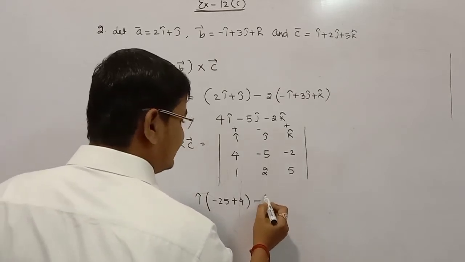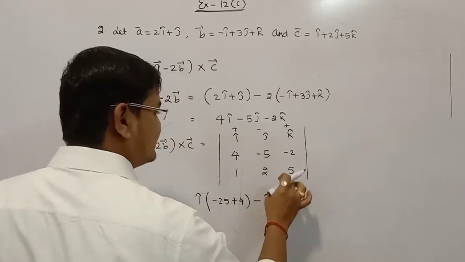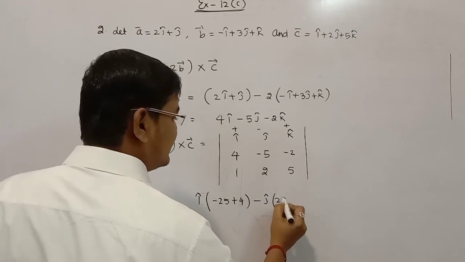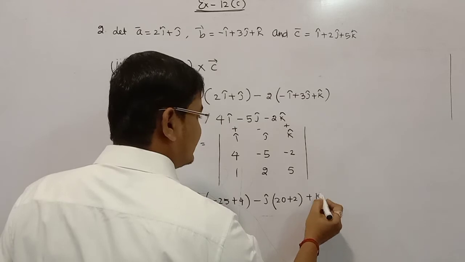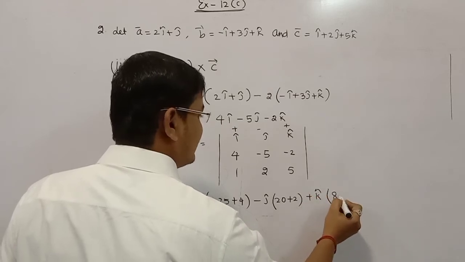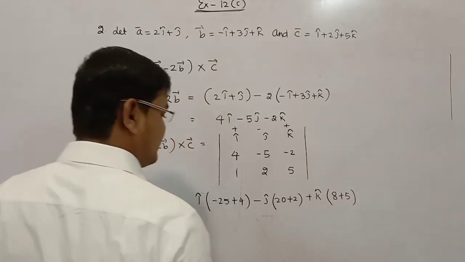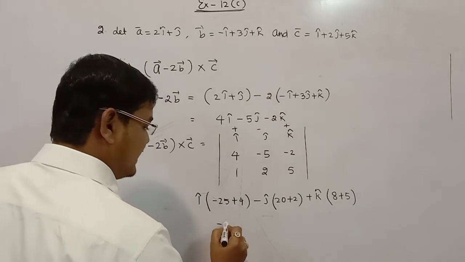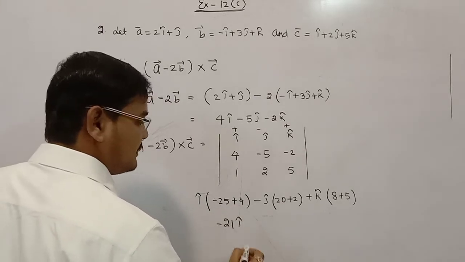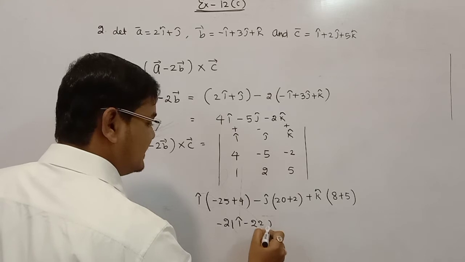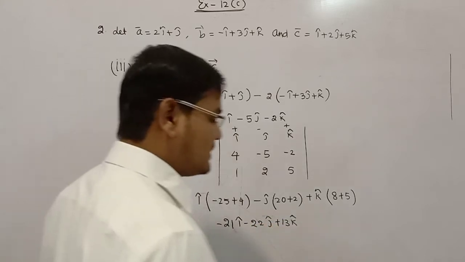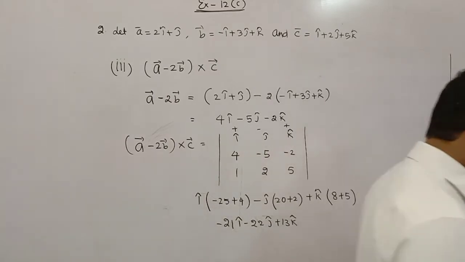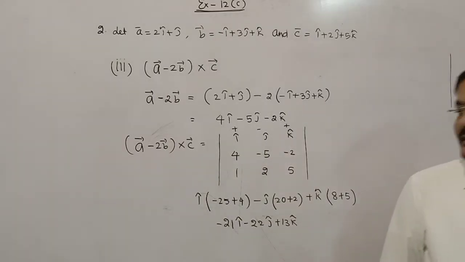Next minus j cap into, 4 fives are 20 plus 2. And the final one, k cap into 8 minus means plus 3 plus 5. So this is minus 21 i cap minus 22 j cap plus 13 k cap.